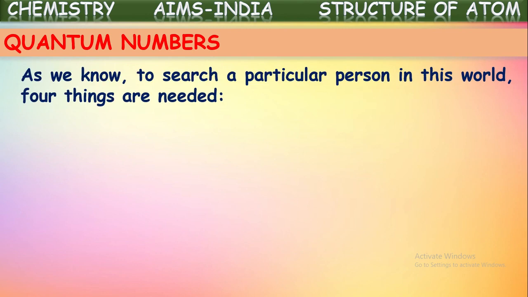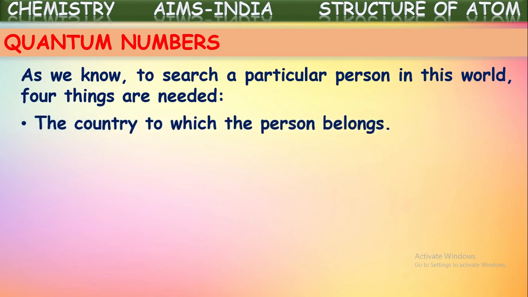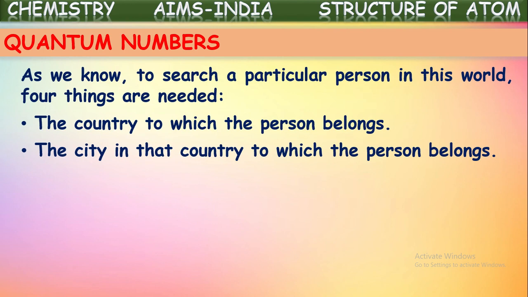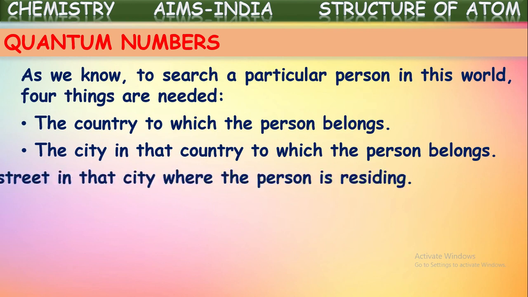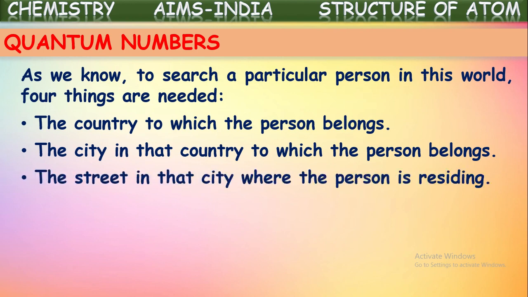As we know, to search for a particular person in this world, four things are needed. What are those? The country to which the person belongs, the city in that country, the street in that city where the person is residing, and the house number.